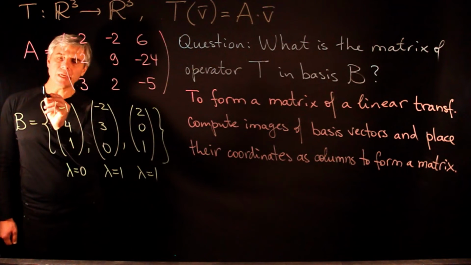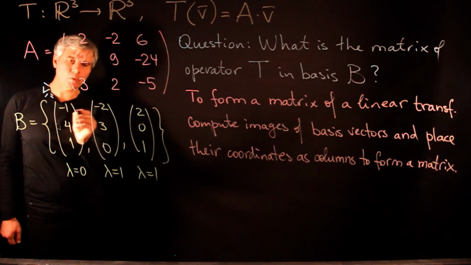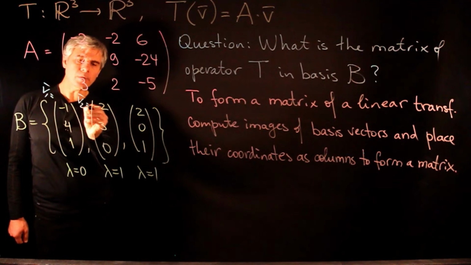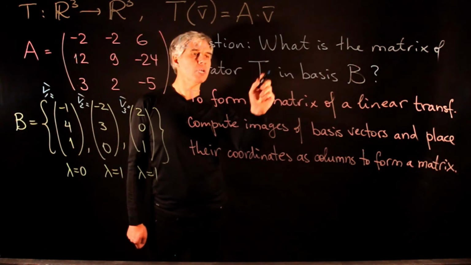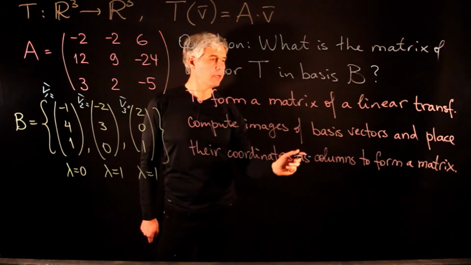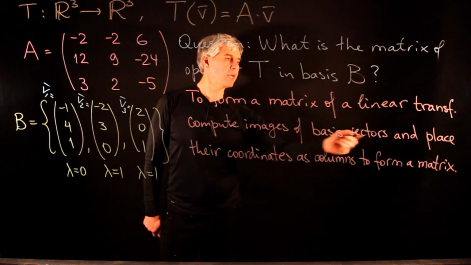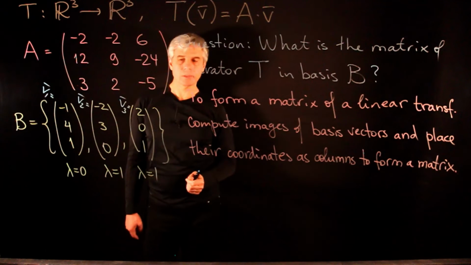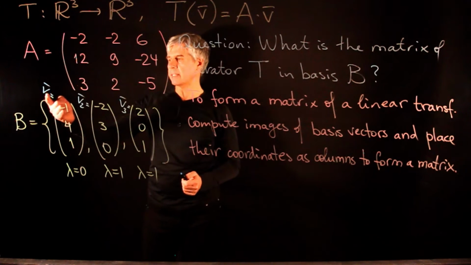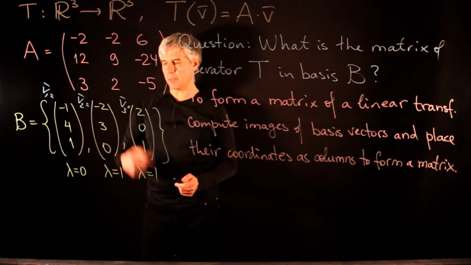Now let us give names to our basis vectors. So we'll call them V1, V2, and V3. If we want to find the matrix of this operator in basis B, then when we are talking about basis vectors here, we are talking about vectors of this basis. So this means that we need to find images of V1, V2, and V3.